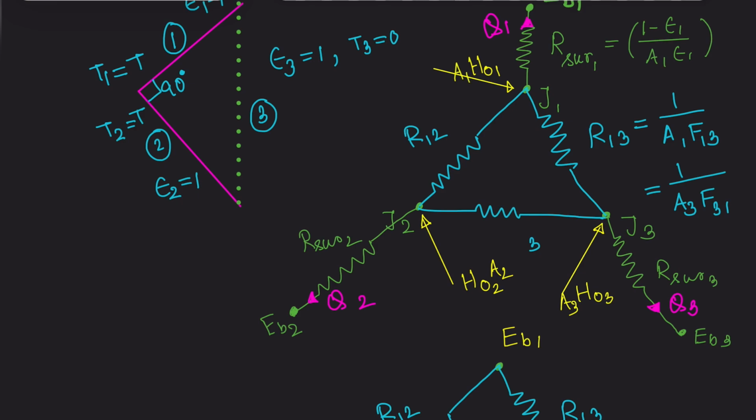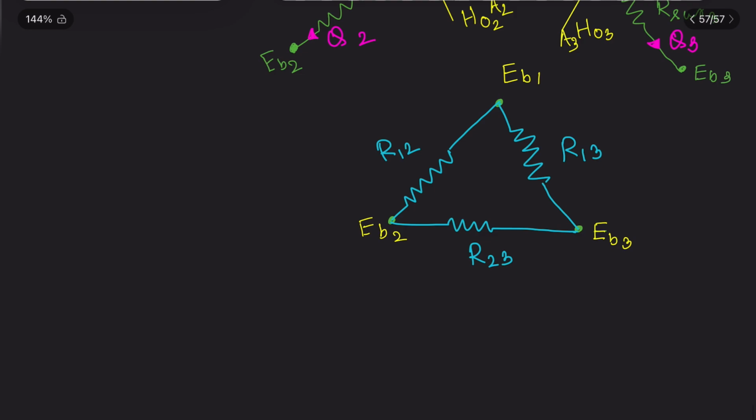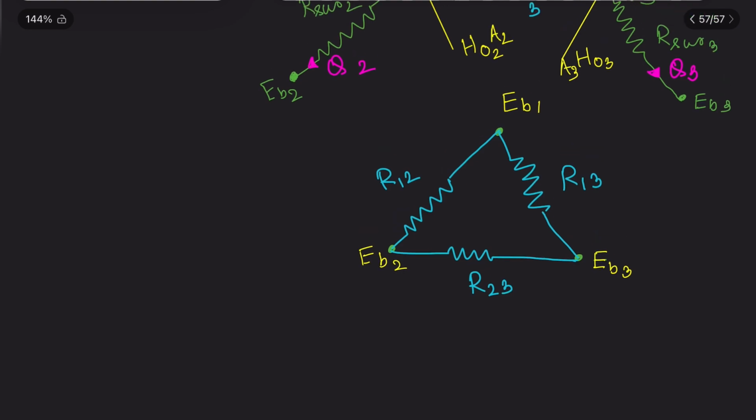Right? These are the three irradiations. If any of the irradiations are 0, then they will be absent. But here, you don't have any connection between EB2 and J2 and they are equal. So here you will show the net radiation heat transfers like this. So for the surface 2, it will be Q2, it will be Q3, it will be Q1.